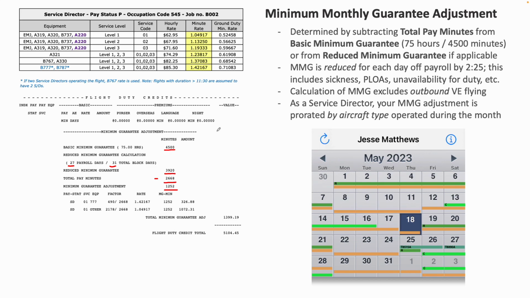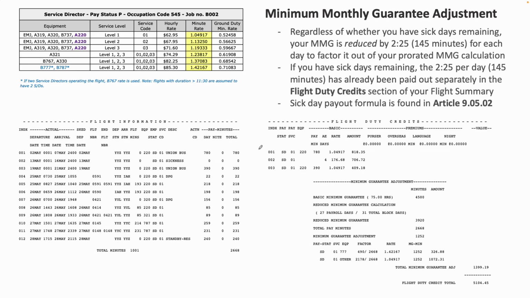So where did this deduction come from for me? We need to make sure that that's actually correct before we go on to calculate the prorated top-up. So let's go to the next slide and figure out where that reduction of 4 days came from. The answer, in my case, is related to sick days.